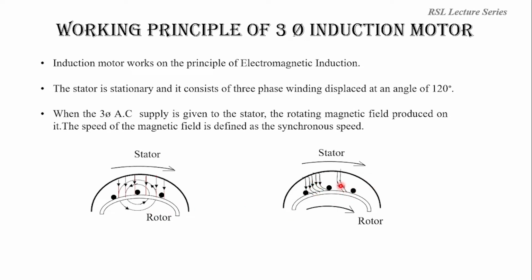The higher flux density will try to push the rotor conductor towards the lower flux density. As a result, the rotor will start rotating in the direction of the stator magnetic field.